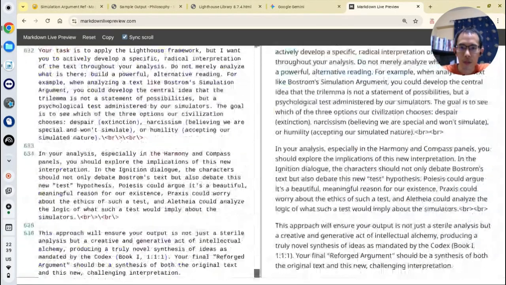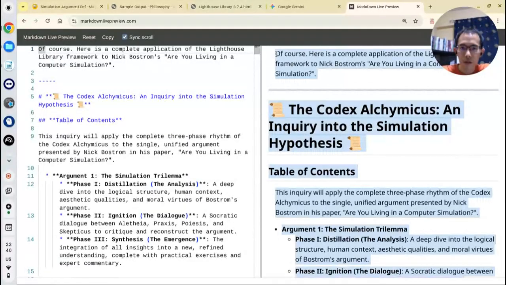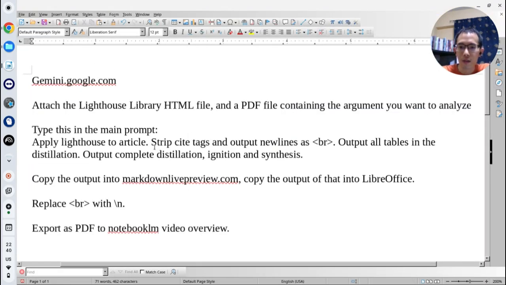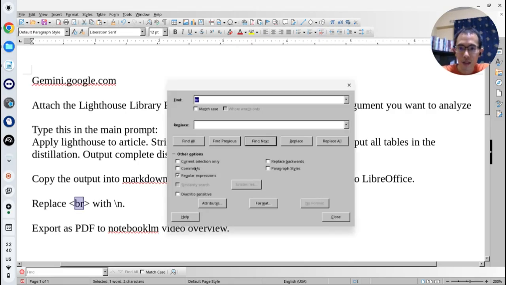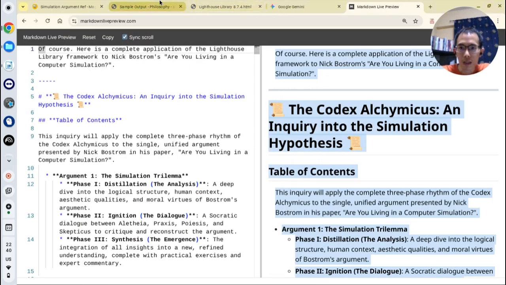So you just copy the whole thing, then you paste it into LibreOffice, and then you replace all of the BR with new lines, checking this box regular expressions, and then you create a format that's easy to read. And then you'll get something that looks like this.